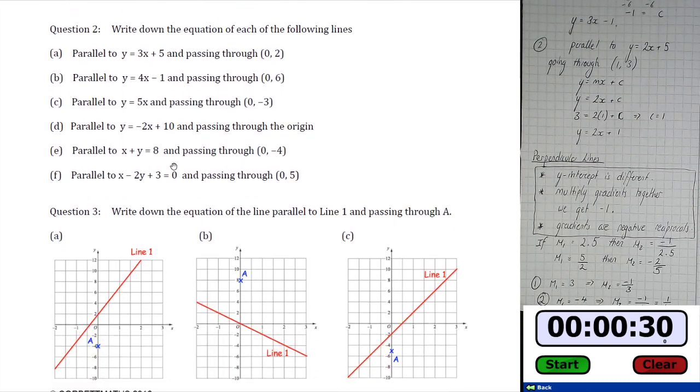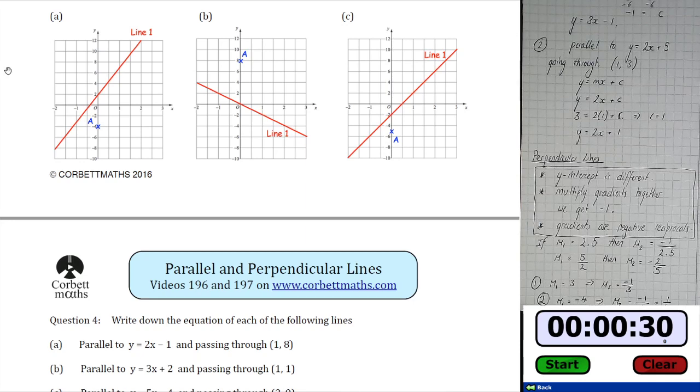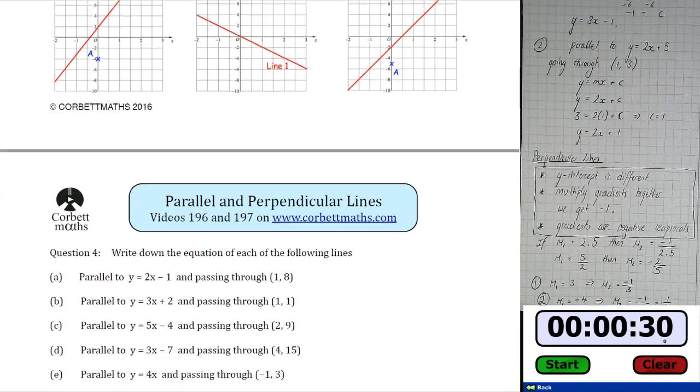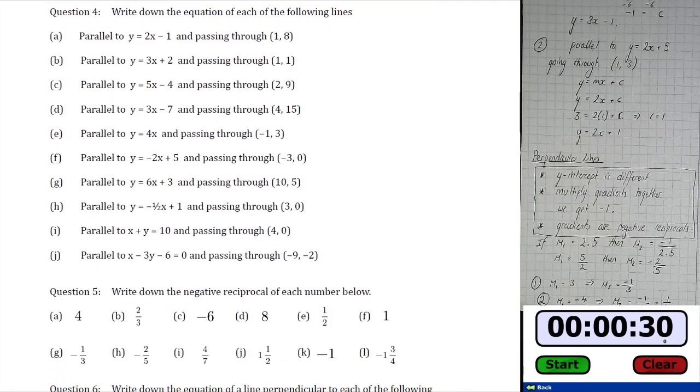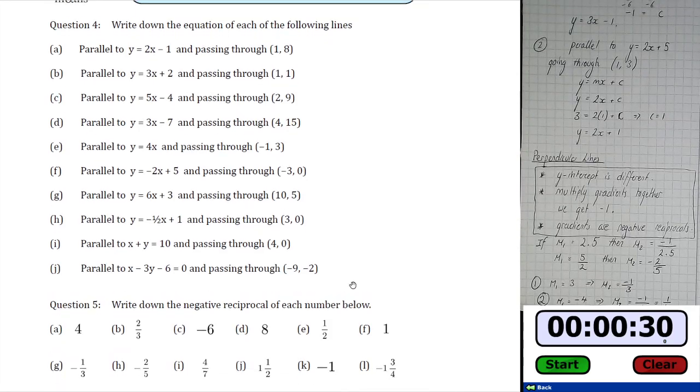Finding an equation which passes through a line and a particular point. Doing the same thing but graphically, so you'll need to be able to find out what the equation is by looking at the graph. And a similar kind of thing going on in question 4.